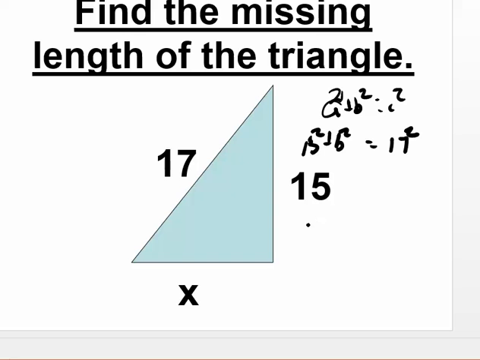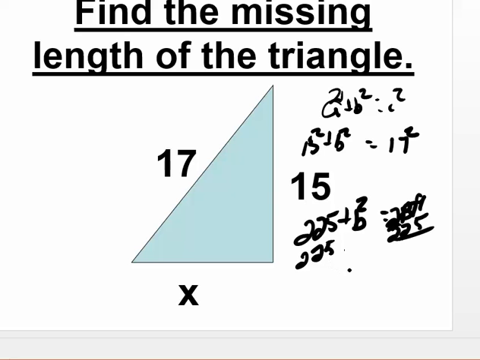That is 225 plus b squared is equal to 17 squared, which is 289. Subtract 225 from both sides. We get b squared is equal to 64. Square root of both of those, b is equal to 8.